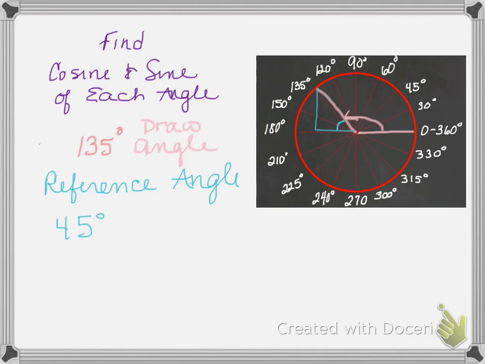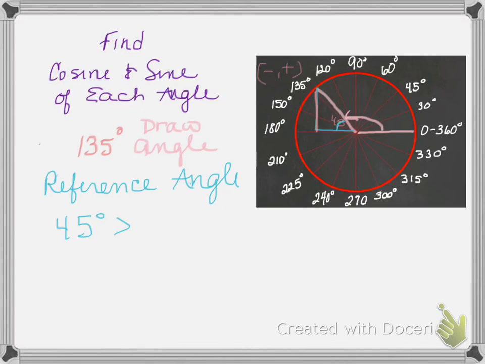Notice, too, that these triangles are always drawn down towards the x-axis. A common mistake is to want to draw a horizontal line. You never do that. You always draw a vertical line to make the triangle, and it always relates to the x-axis. So there's our reference triangle there, trying to show you that's 45 degrees, and it's in quadrant 2.